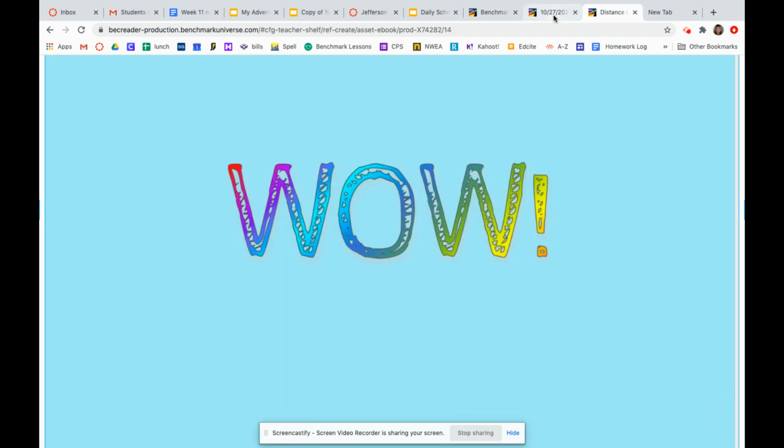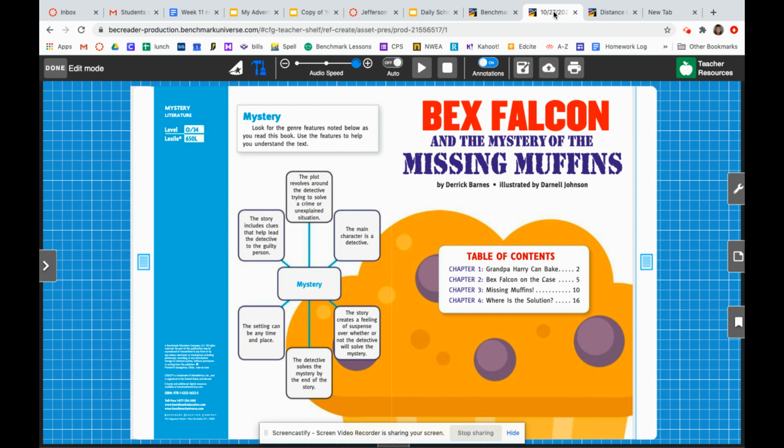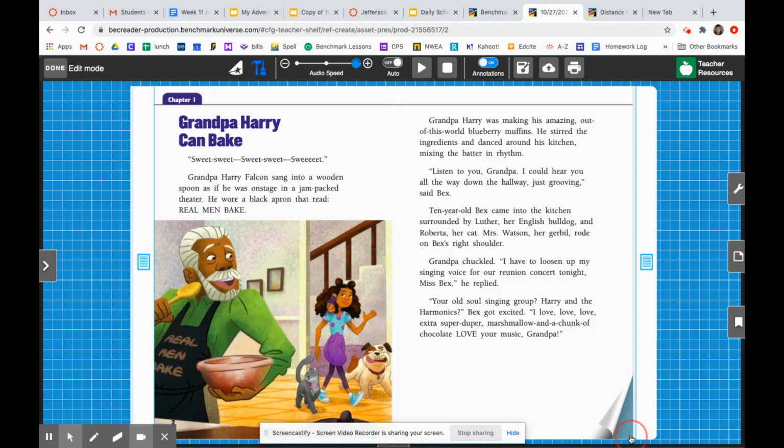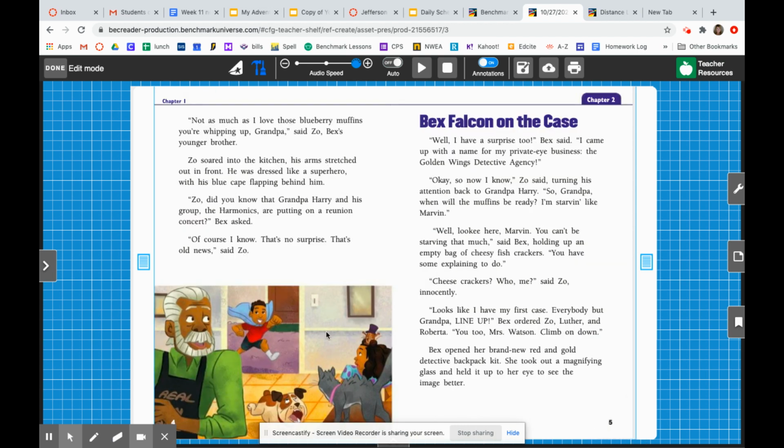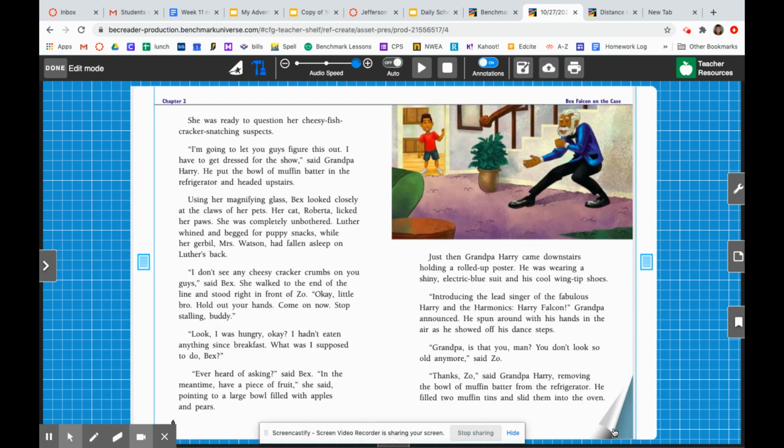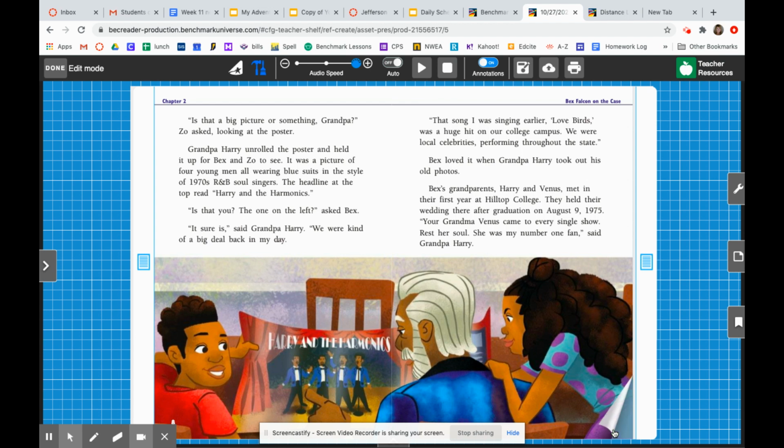I do want to go back and show you the questions at the end of the book. I love the illustrations and how they support the text. Just by doing a picture walk, you can kind of see who the characters are and how they feel.